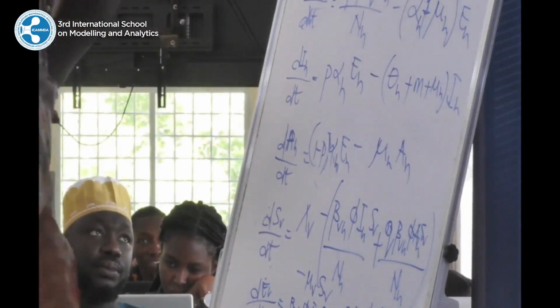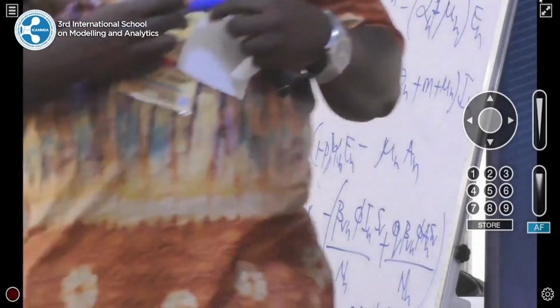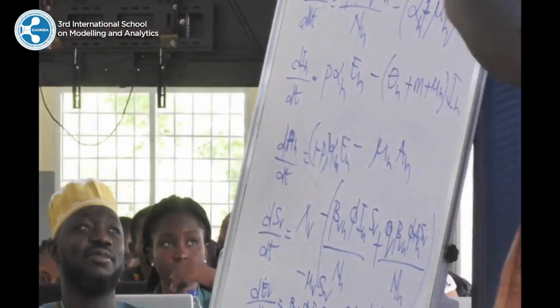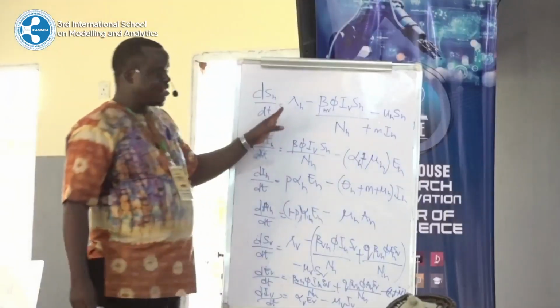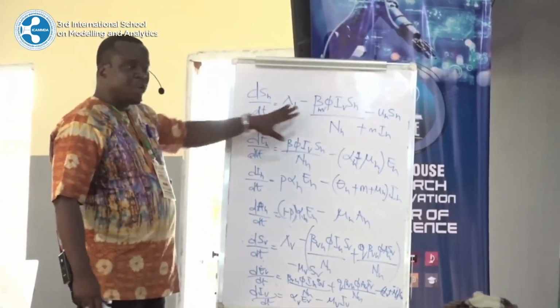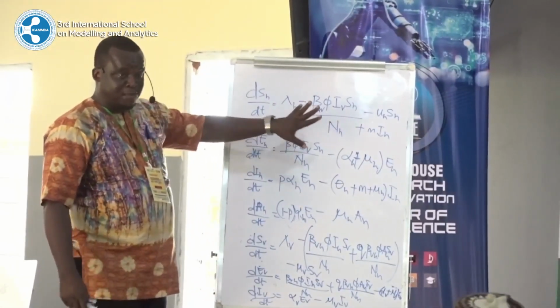Okay, something small like this. So now we have the susceptible human class, and then what is going on here? The events. We have different events here, right?